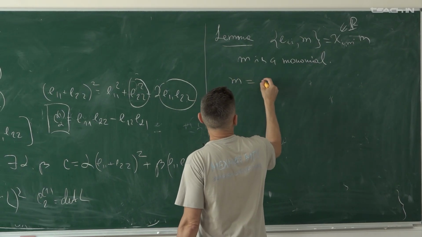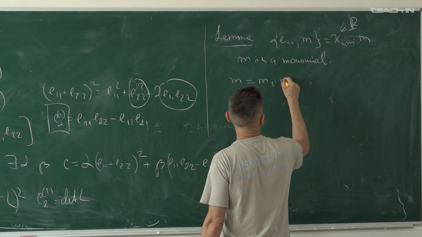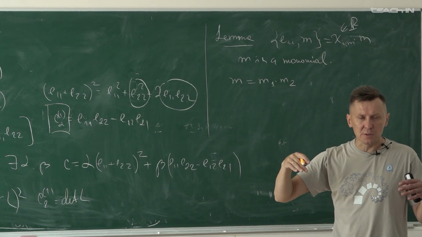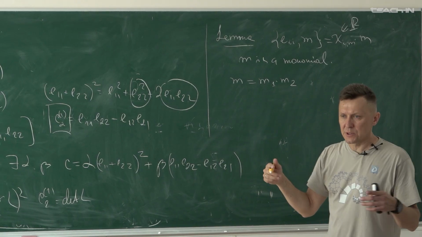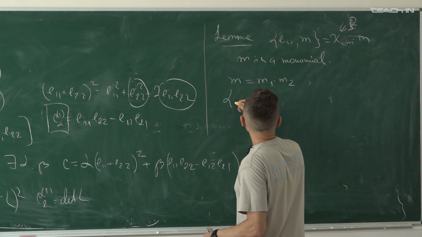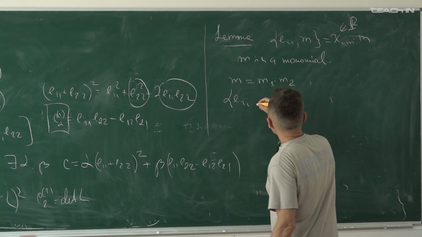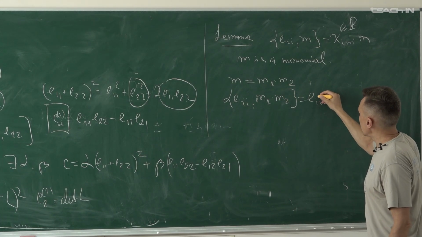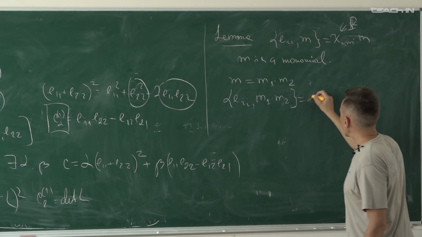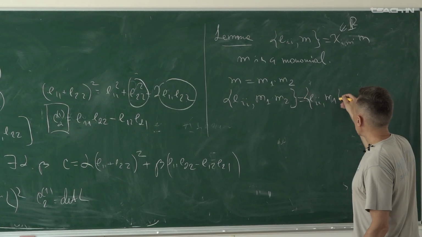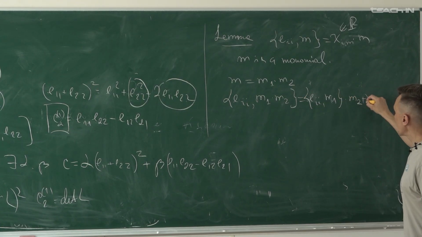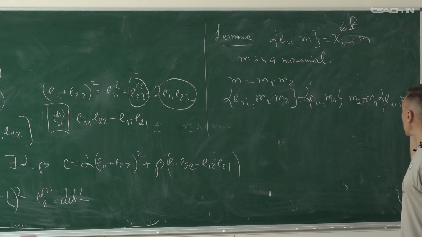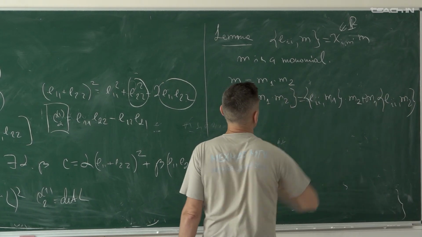If a monomial M is a product of two monomials, and if the statement is true for the monomials of the lower order, then by the Leibniz rule, {E_ii, M1 M2} is {E_ii, M1} multiplied by M2 plus M1 multiplied by {E_ii, M2}.